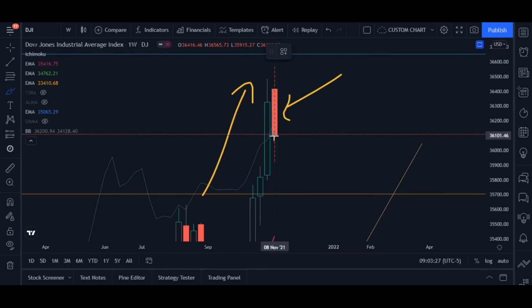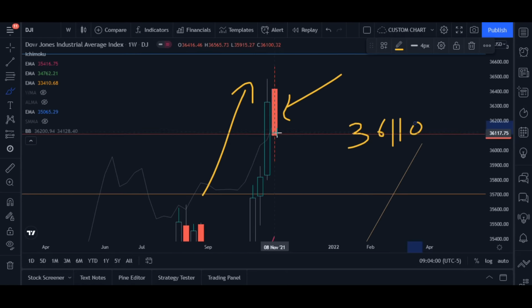It closed around 36,100, whereas this support, in this case it is resistance, is 36,109 or 108, or we can say 36,110. So this weekly candle closed below 36,110, but is still on the margin line.